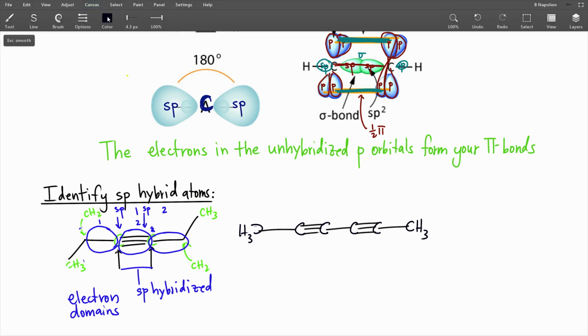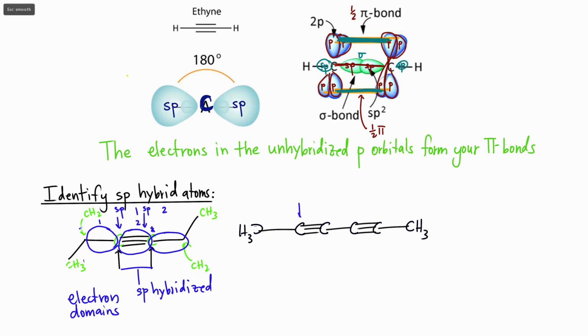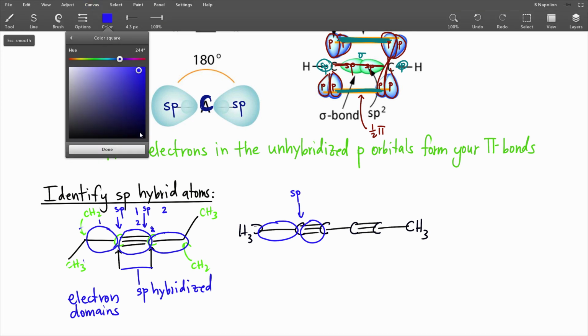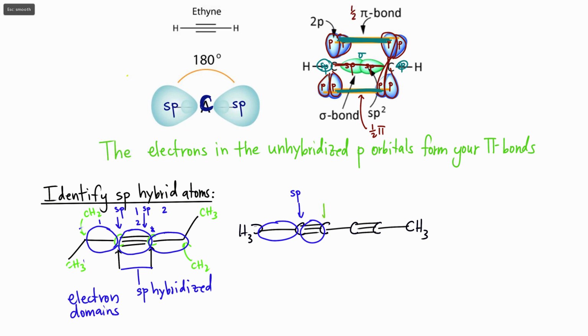Okay? Now, for this carbon, I have one electron domain here, one electron domain there. So that makes that sp hybridized. For the second carbon, just for you to get the hang of it, for this carbon, I have one electron domain here, one electron domain there, so that makes that sp.